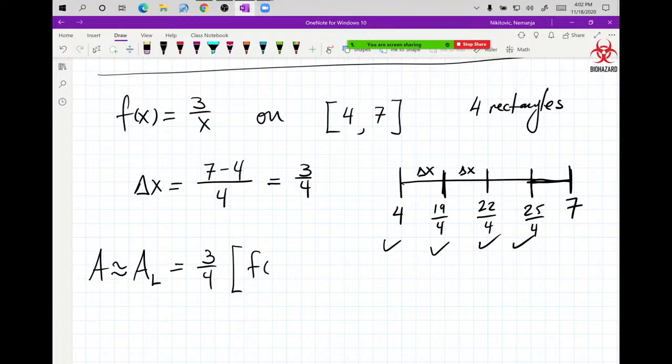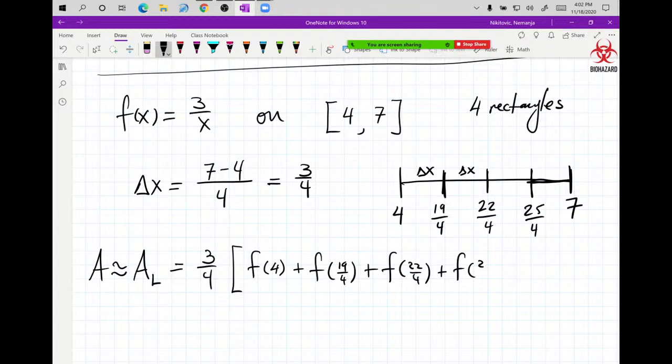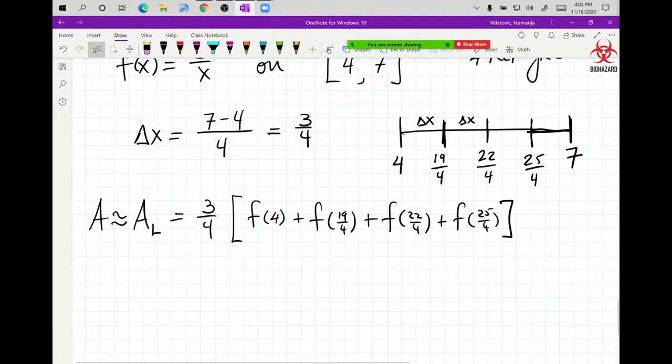I'm not using 7. So that's going to be f of 4 plus f of 19/4 plus f of 22/4, which is 11/2, but whatever, plus f of 25/4. There they are. 1, 2, 3, 4. Each one gets its own delta x because it would distribute. So those are all areas of each individual rectangle.